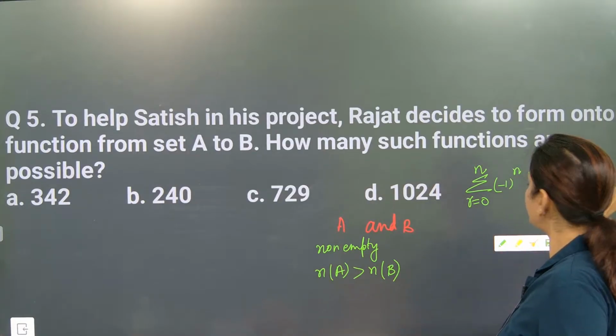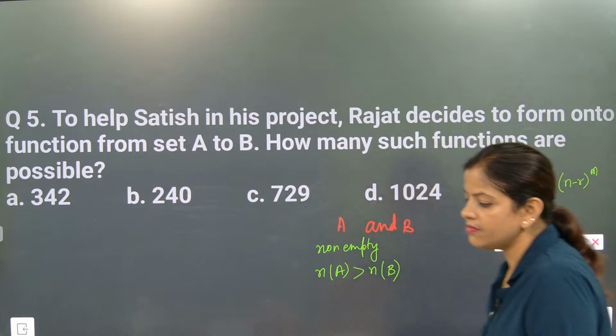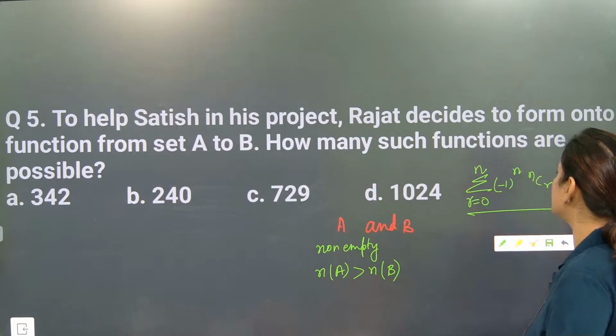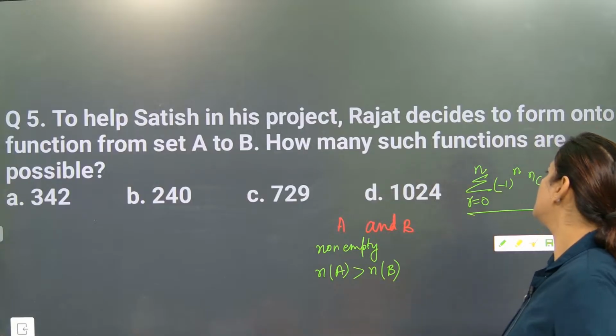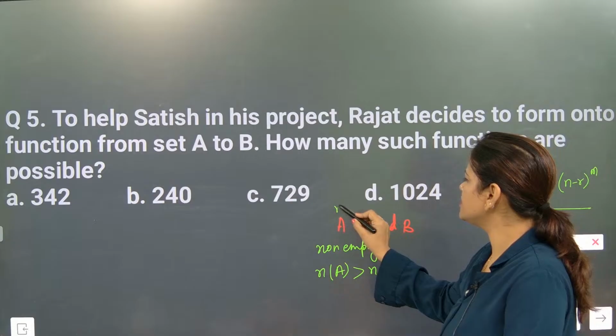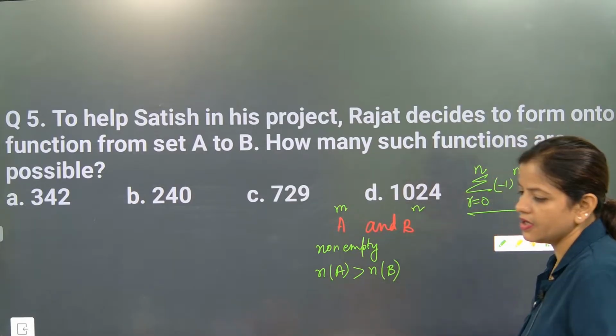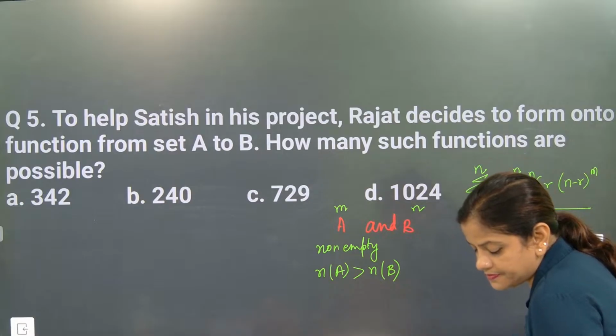Here m is the number of elements in A and n is the number of elements in B. Now try to solve this question, beta.